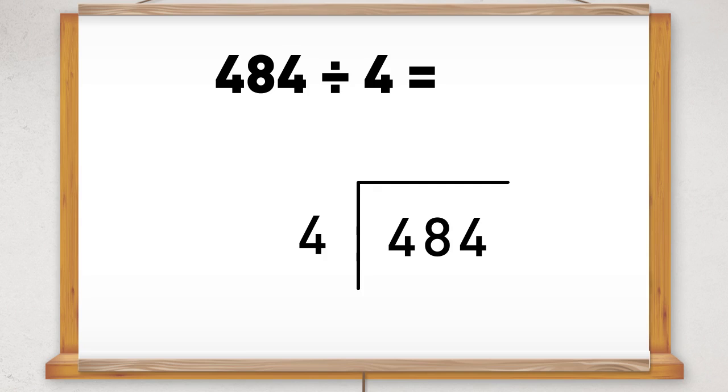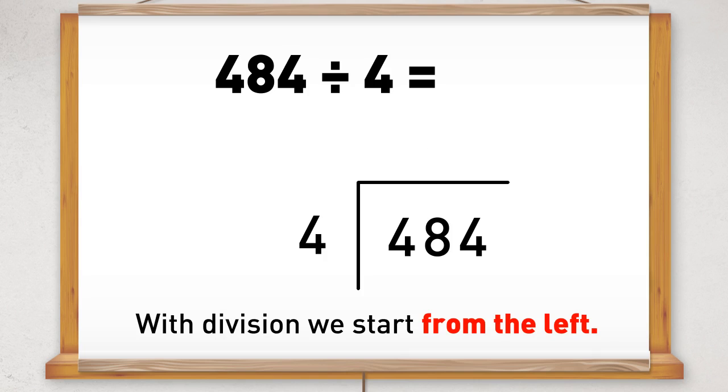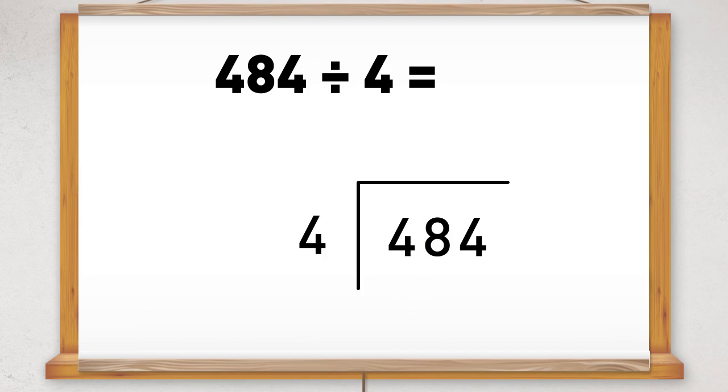With adding, subtracting and multiplying, we started all calculations in the units or in the far right column. But with division, we start from the left. In this case, with the first digit on the left, which is a 4. 4 goes into 4 once, so we put a 1 directly above the first number on the top of the answer line. 4 into 8 goes 2 times, so 2 goes above the 8.